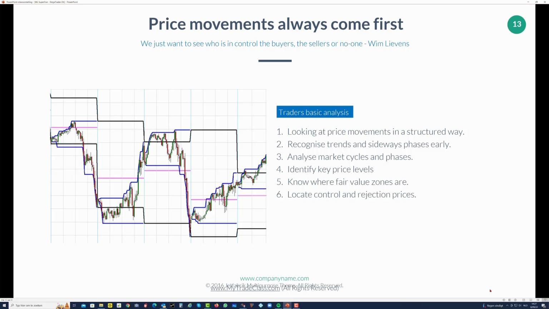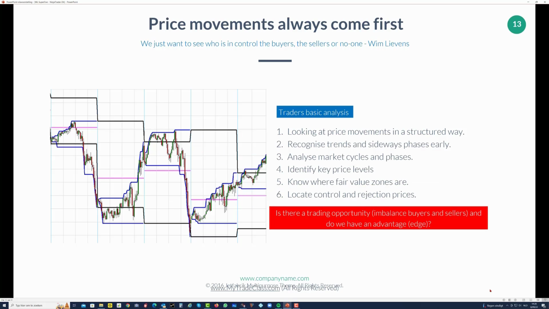I'm not saying this will always be very clear, but there is through your head a certain checklist that you have to go through to look at markets and to actually answer one question.